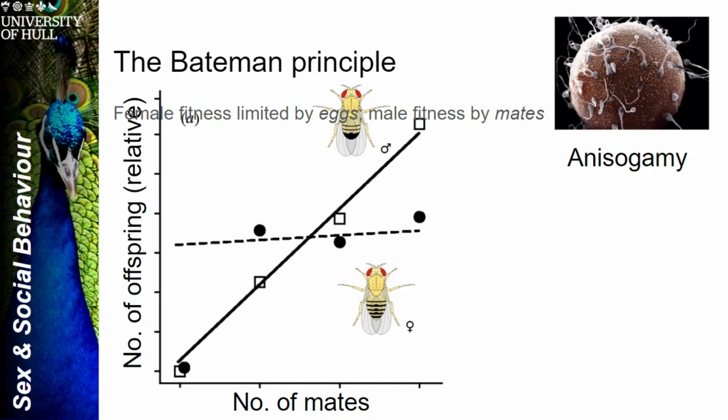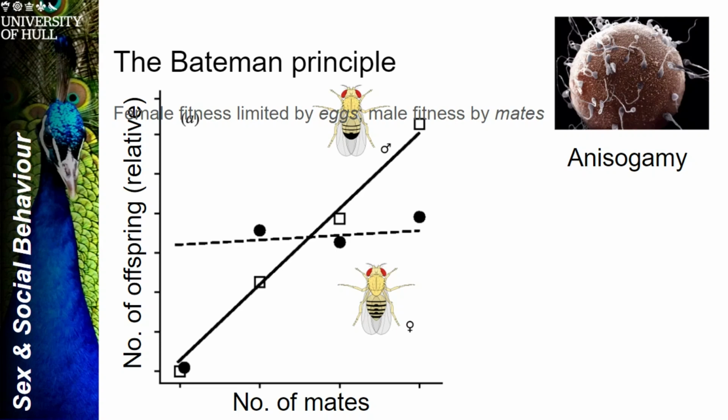Bateman found in his population of mating fruit flies, he managed to track the offspring of labelled lines of males using radio labels, isotopes, way before we were able to assign offspring genetically. What he found was that the more mates he allowed individuals to have on the x-axis, the more offspring they had, obviously, but the shape of that curve was different in males versus females.